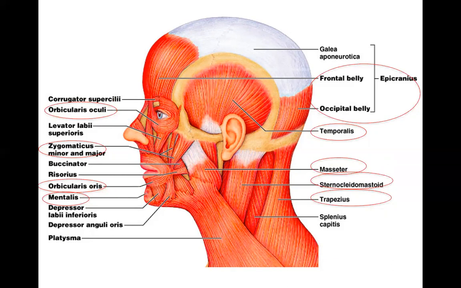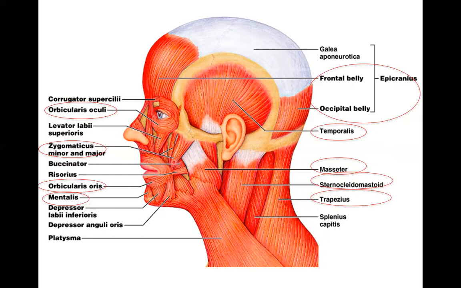Covering the mental process, which is basically your chin, you have a muscle called mentalis. And a muscle that originates from the zygomatic bone and goes further down into your facial muscle is called the zygomaticus muscle. Please do note that the zygomaticus muscle is a two-headed muscle with a minor head and a major head.